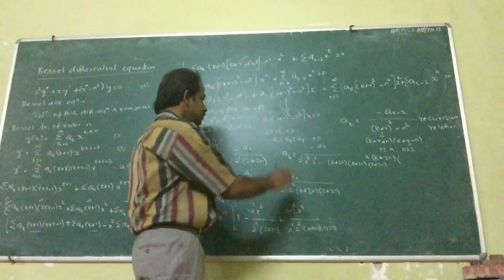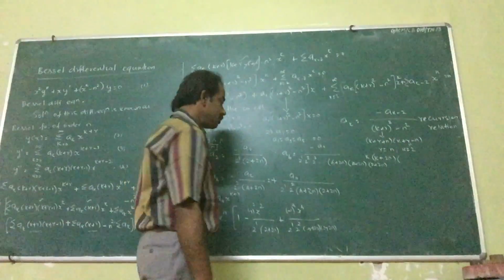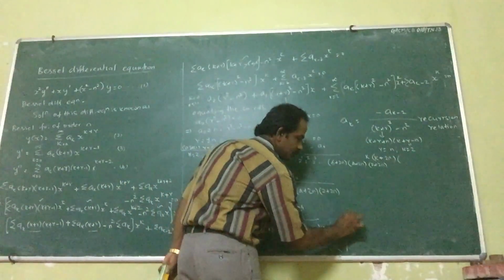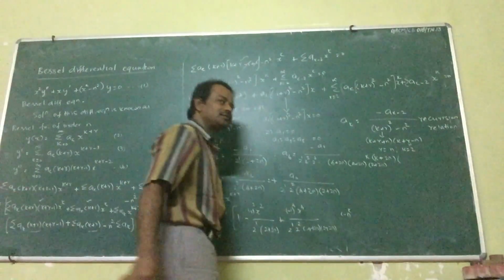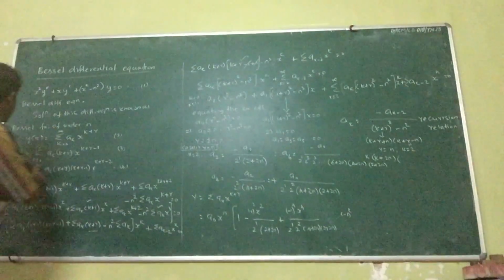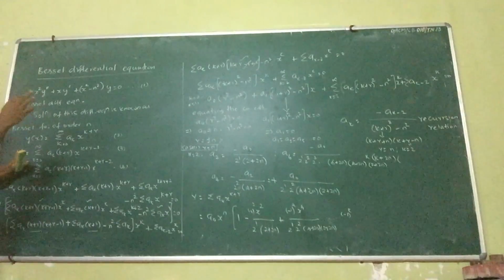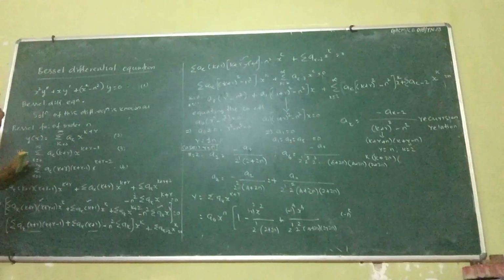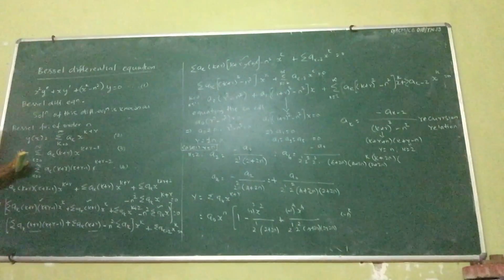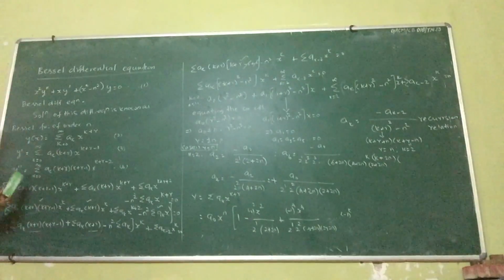The next term will be a_6. The last term will be minus 1 to the power k. For example, here k equal to 0, 1, 2, 3. Because 1, 3, 5 and all we are not going to use. Only we are going to use 0, 2, 4, all those things. So the last term let it be k.